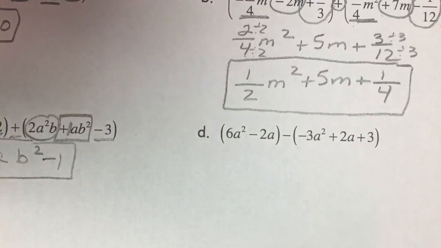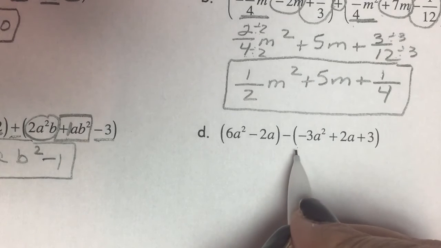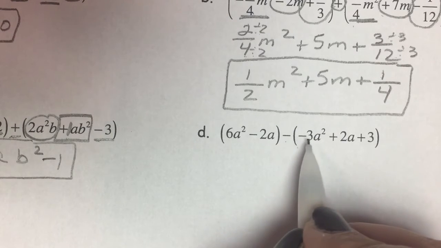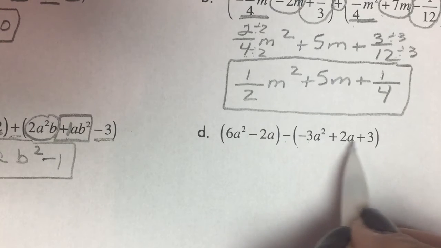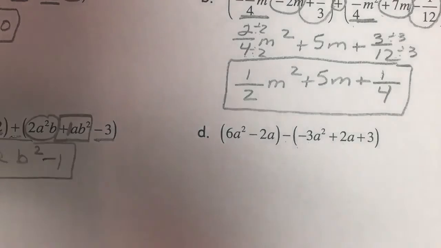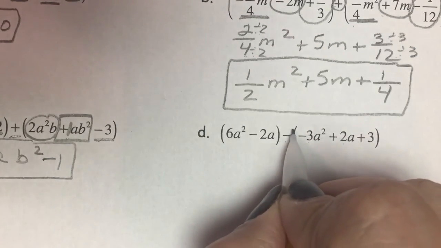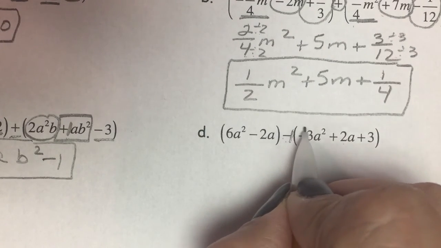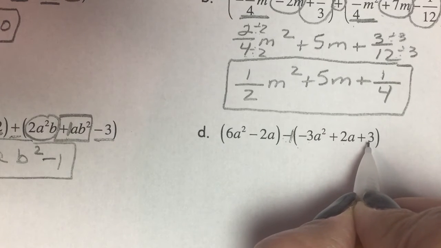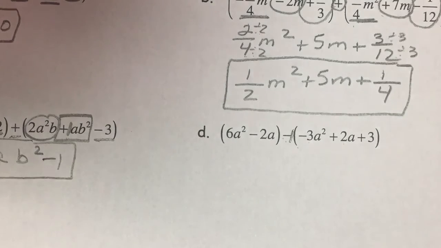Now we're going to use a variation of that here, except we're going to change the subtraction sign to addition, and we're going to change all of the signs in the second polynomial. It's kind of like we are taking a negative 1 and distributing it all the way through, because of course distributing or multiplying through by negative 1 simply changes the signs.